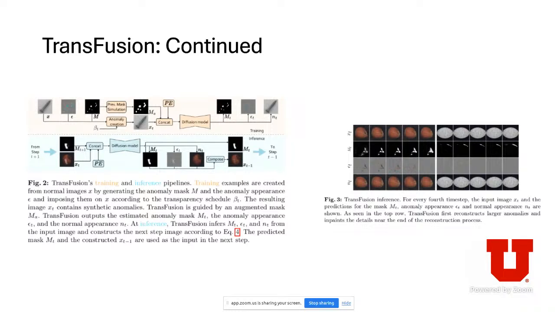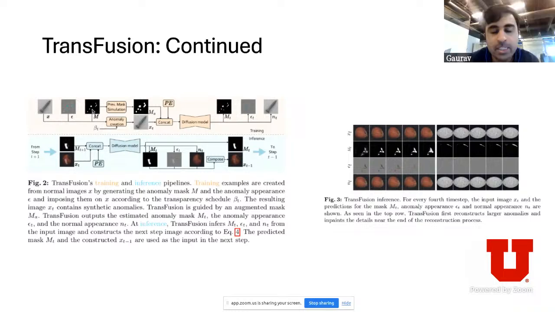Oh, that's interesting. So basically, you want to use the diffusion model to predict not only the original images but also the anomaly part and also the mask. Basically three different predictions are being made in this case, and the normal component.